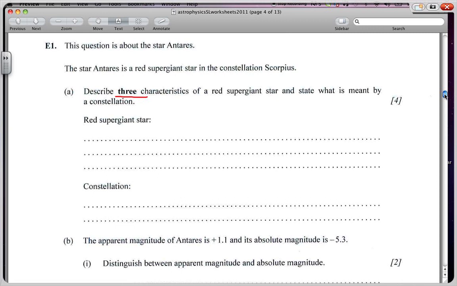I mean, there's the obvious one: they appear red. They are very large, extremely large. You could say surface area or very large diameter.